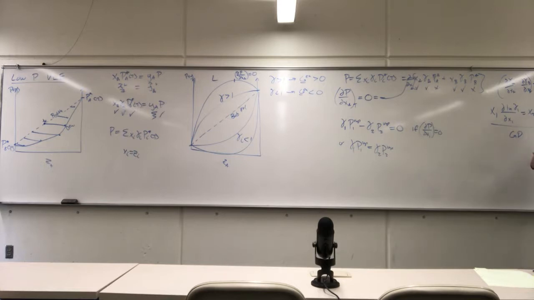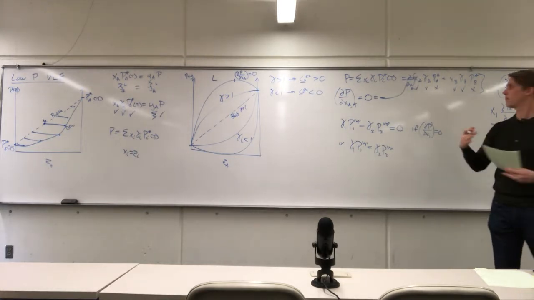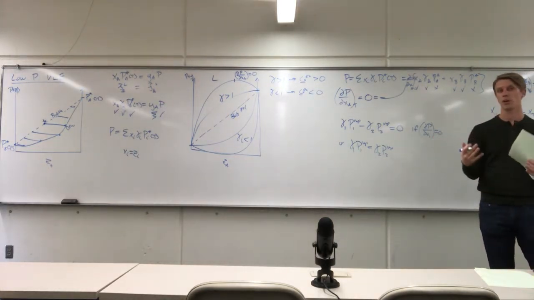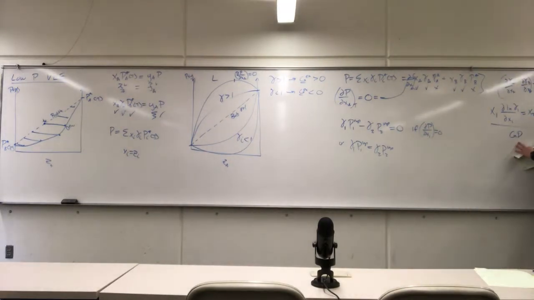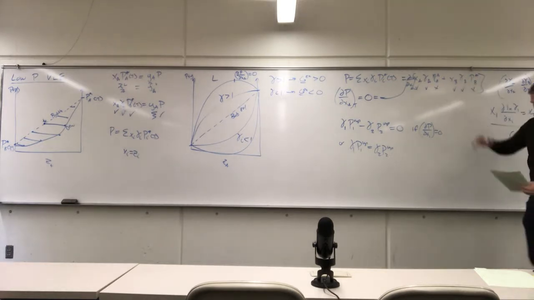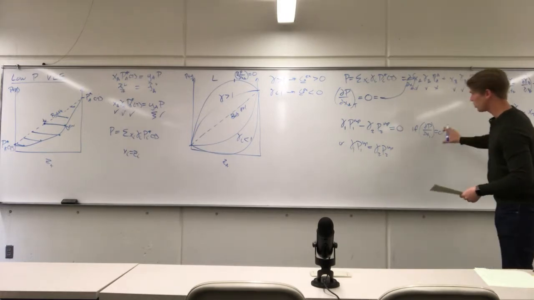Because remember, the way that we defined partial molar properties is somewhat arbitrary, so we can't independently vary them. So the Gibbs-Duhem equation is the consequence that we can't independently vary the activity coefficient of 1 and the activity coefficient of 2. They have to vary in the same way. So if these two expressions are equivalent for a binary system, so they cancel out, that throws into all this mess. Okay, so this is our conclusion.